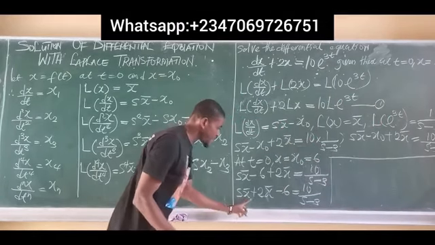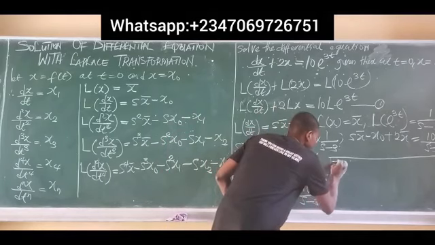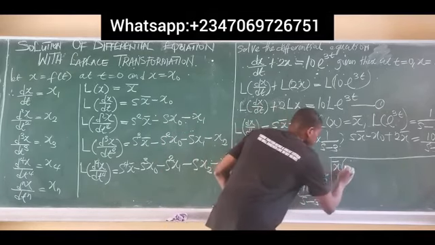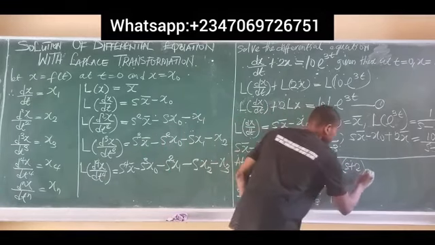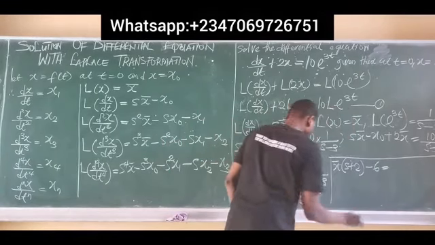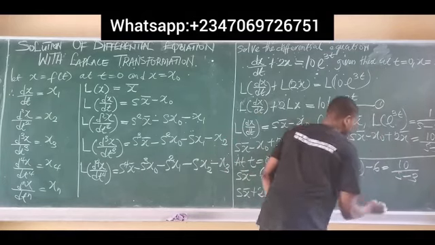Now x bar is common between these two, so you can factor x bar. So I have x bar all into s plus 2, minus 6, and this is equal to 10 all over s minus 3.